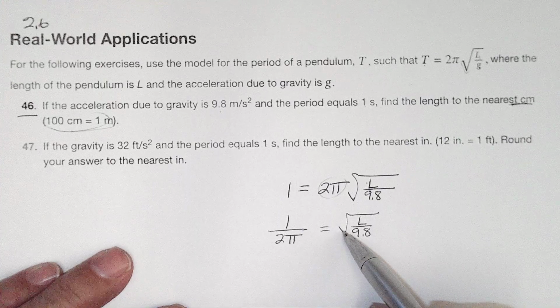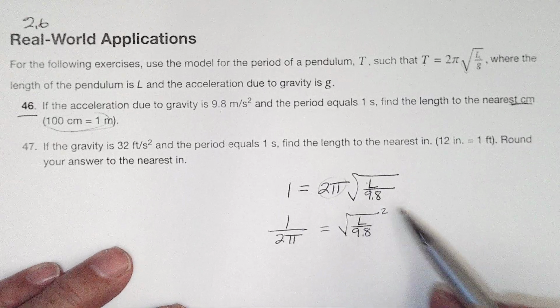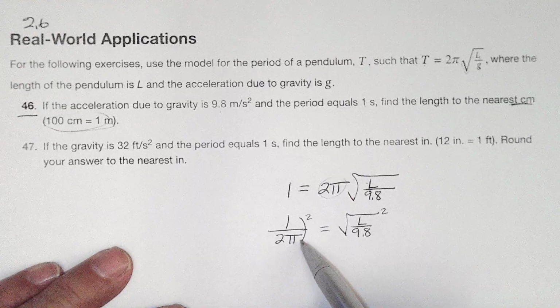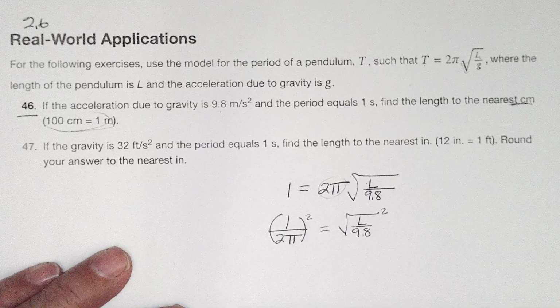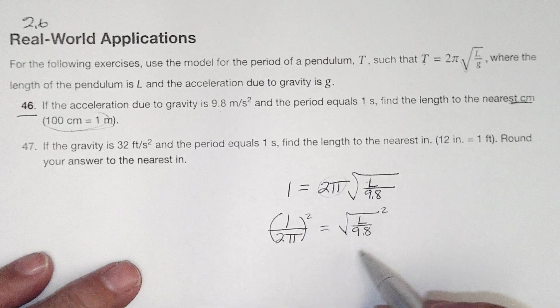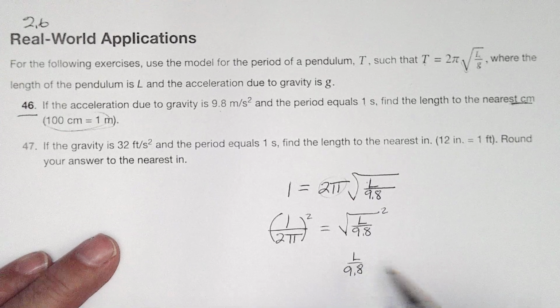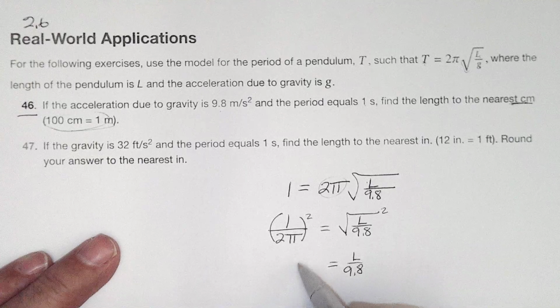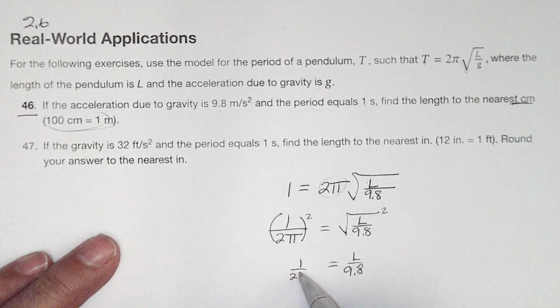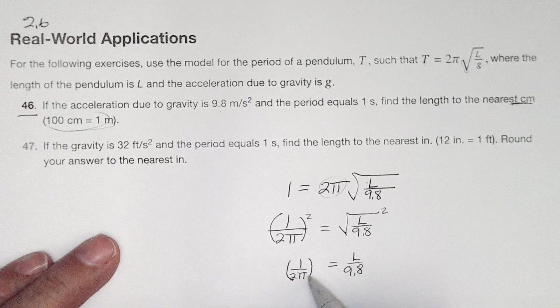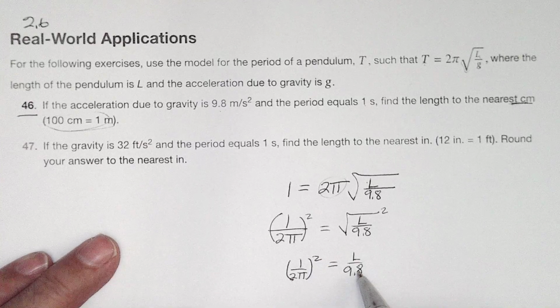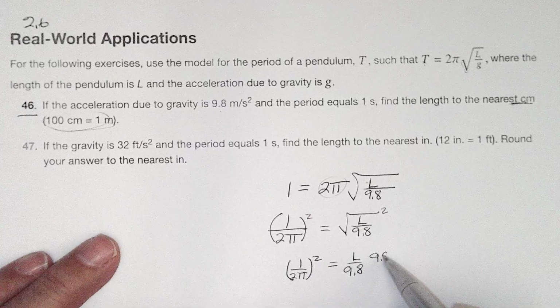To remove a square root, we do the opposite, which is square, so I have to square this whole thing. And so now I have L over 9.8. L divided by 9.8 is 1 over 2 pi squared. And to get rid of the 9.8, I multiply by 9.8.